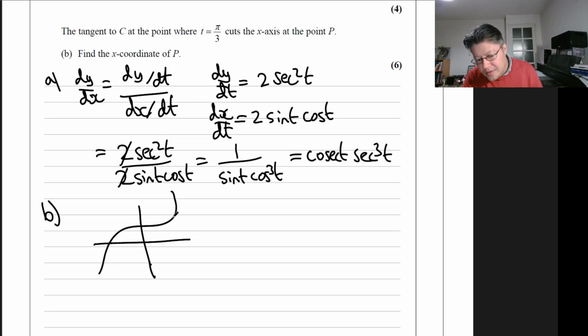And there's a point over here, say, and this corresponds to where t is pi over 3. And we need to draw a tangent, so here's the tangent. And they say that this tangent cuts the x-axis at the point P. So P must be this point here, the x-intercept. And they want us to find the x-coordinate of P.